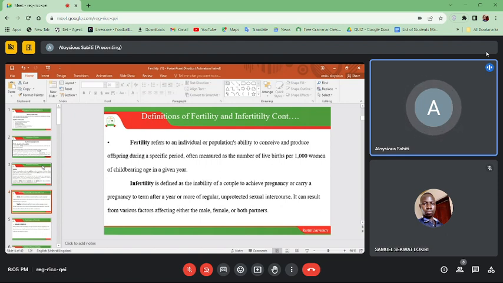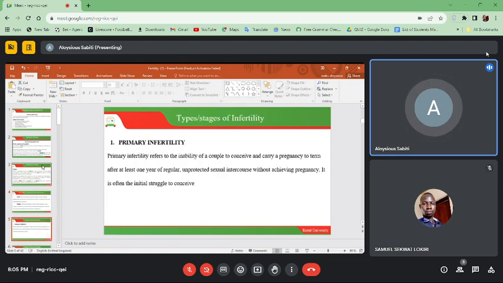So your inability to have a live birth causes you to have infertility. Whether you get pregnant or you don't, the mere fact that the final product of a live birth does not exist, then you're called infertile in demography. However, just to remind you that the physiological inability is called sterility. So you do not have to confuse the two key terms.